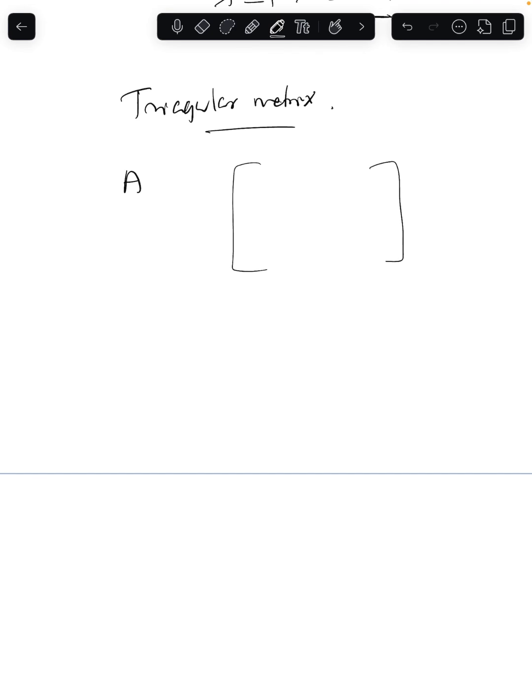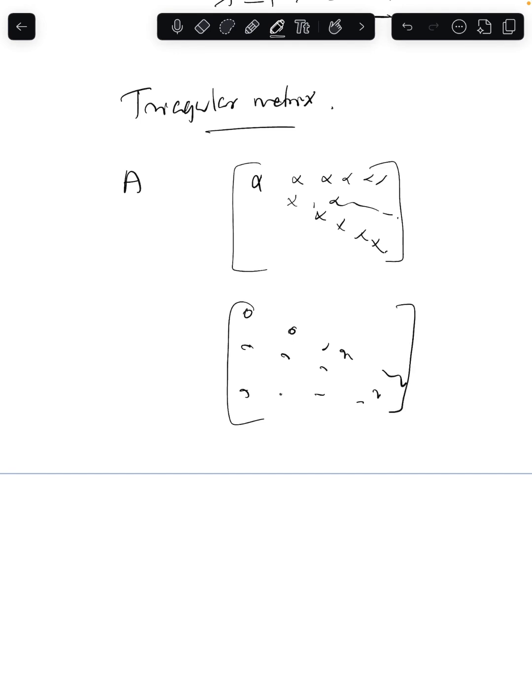A square matrix A is said to be a triangular matrix if non-zero entries are only in the diagonal entries or the upper side of the diagonal entries, or if non-zero entries are only in the diagonal entries or the lower part of the diagonal entries.